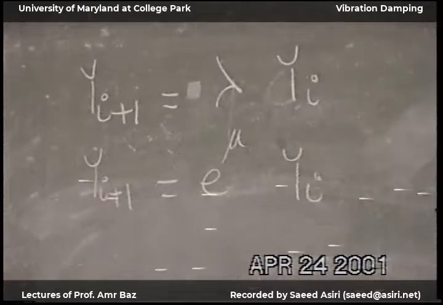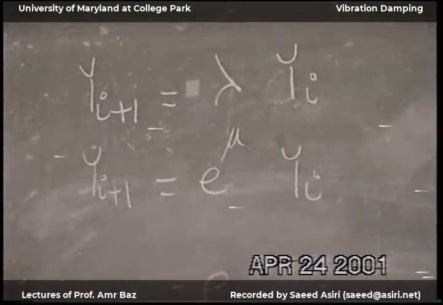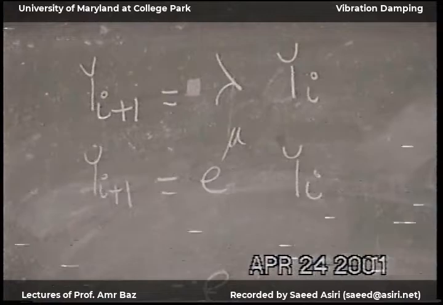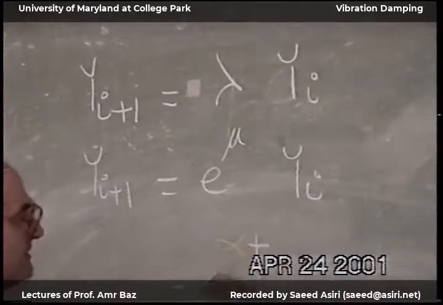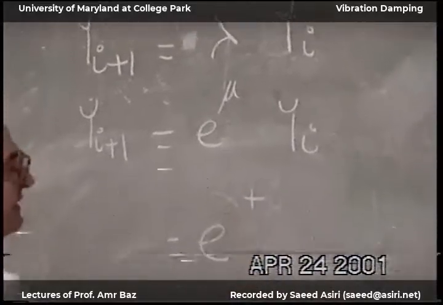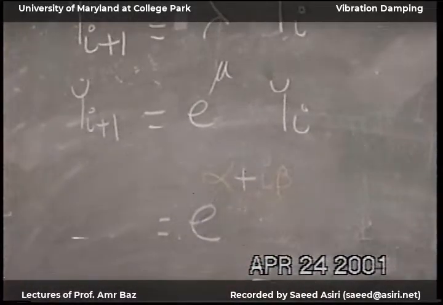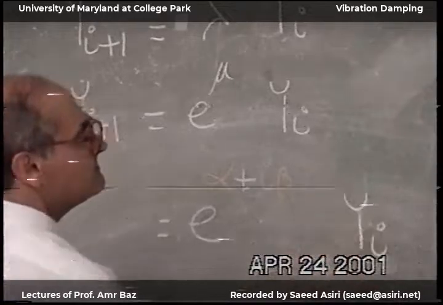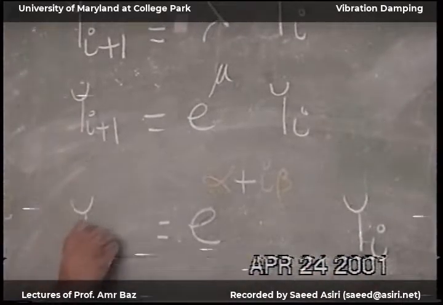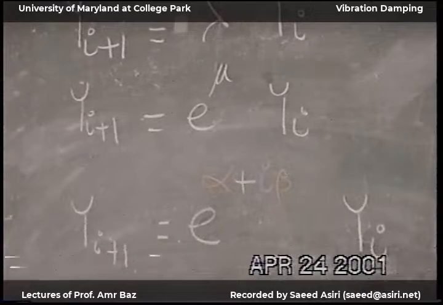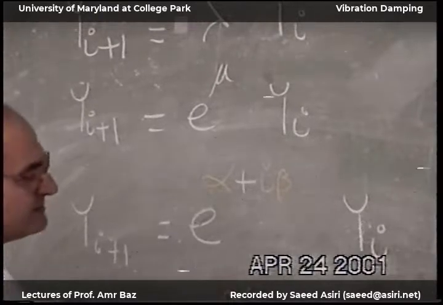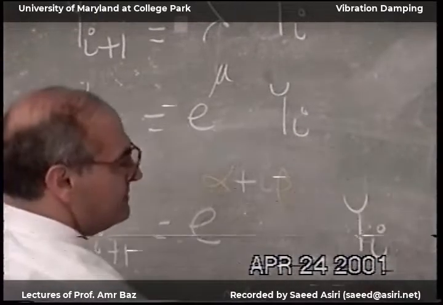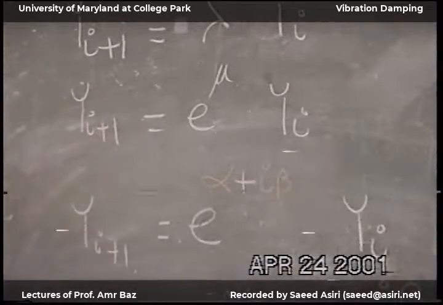Then I can have, for example, a case like this. This mu is equal to a real part plus an imaginary part. I can break it down like this, e to the alpha y i, and then e to the i beta.